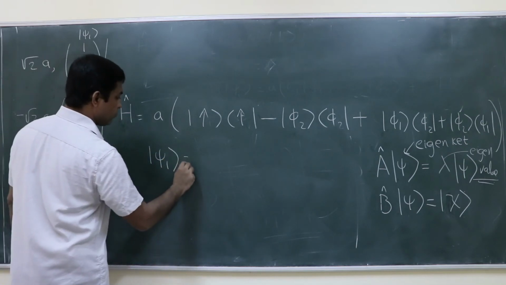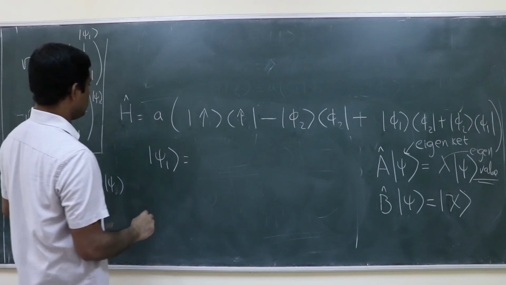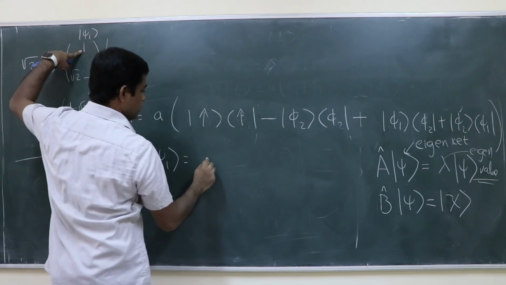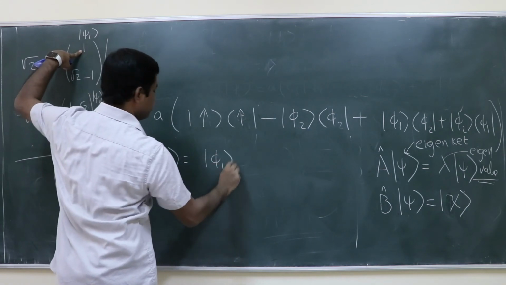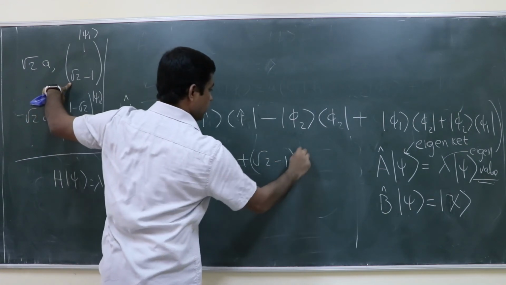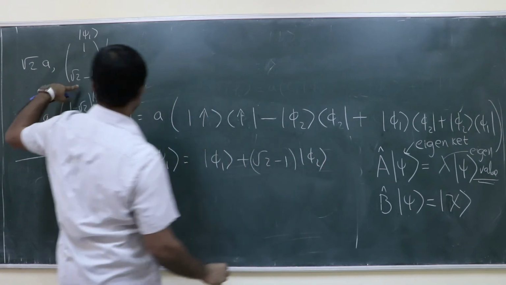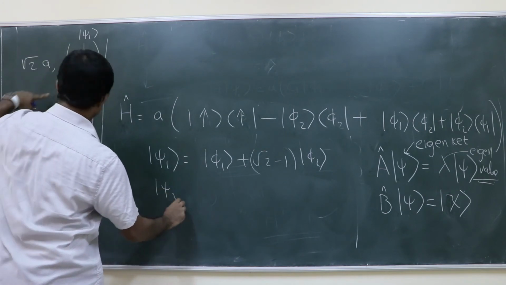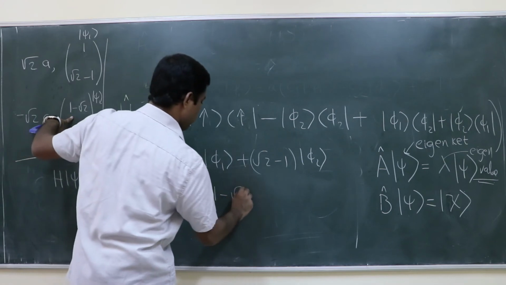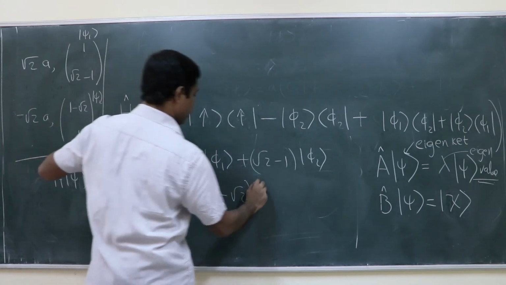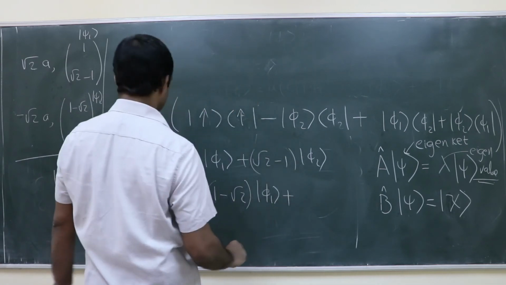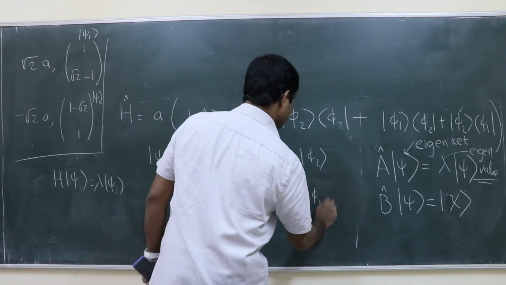In terms of ket phi 1 and phi 2, this first component is 1, so it corresponds to ket phi 1, plus root 2 minus 1 ket phi 2. And ket psi 2, for the second eigenvalue, will be equal to 1 minus root 2 ket phi 1 plus ket phi 2.